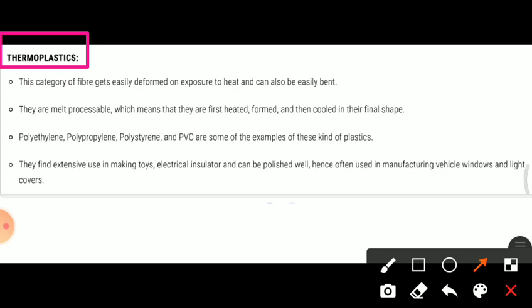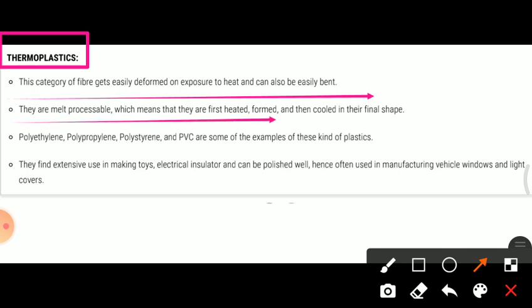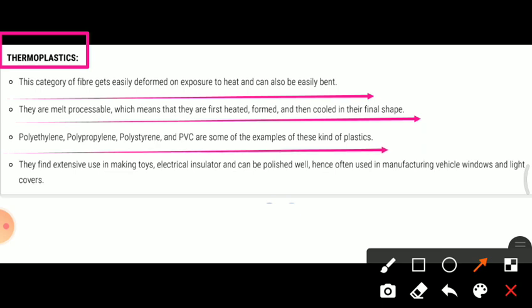So, the more important points for thermoplastics we can write: this category of plastics gets easily deformed on exposure to heat and can also be easily bent. They are melt processible, which means that they are first heated, formed and then cooled in their final stage. Polythene, polypropylene, polystyrene and PVC, polyvinyl chloride, are some examples of this kind of plastics.